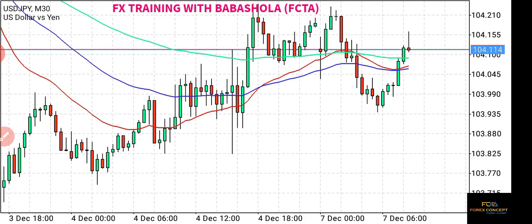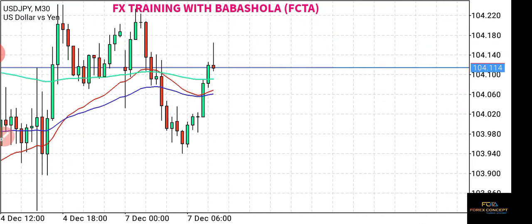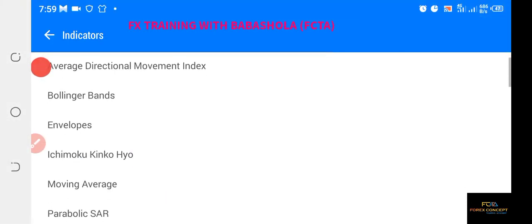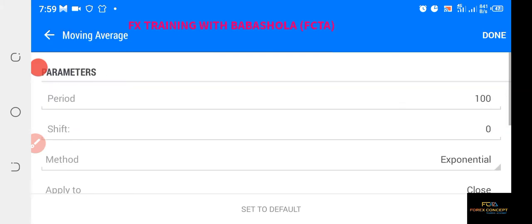Then finally, let's move to the last moving average, the 200 exponential moving average. So let's click on 200. Then let's make the color black to be able to differentiate the moving averages from each other.